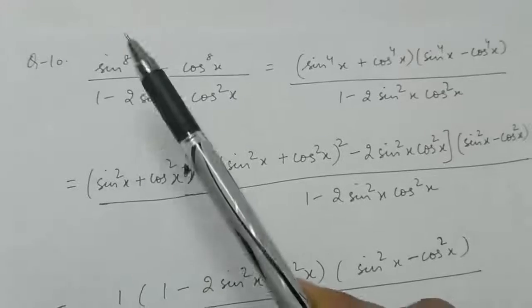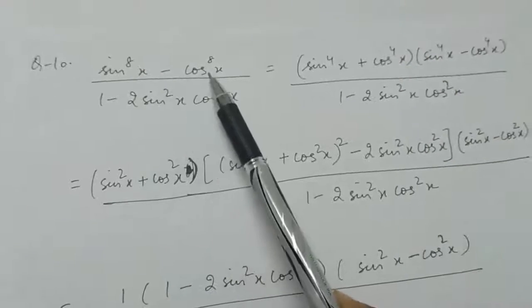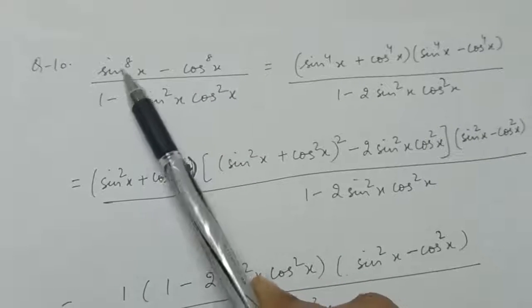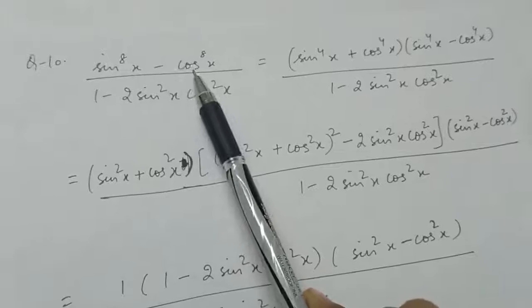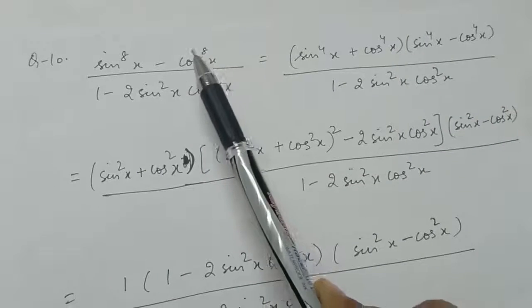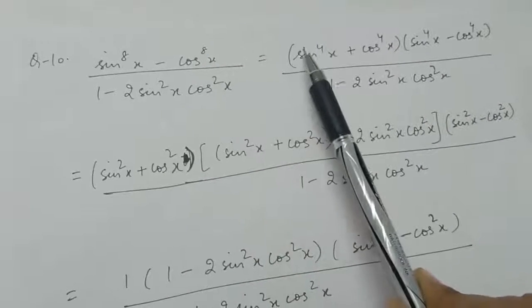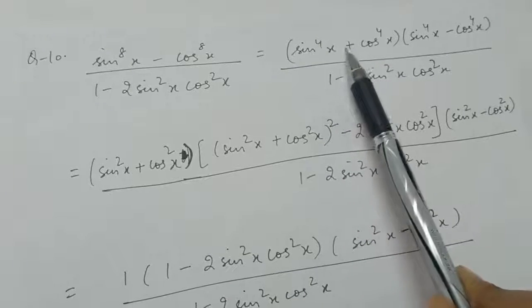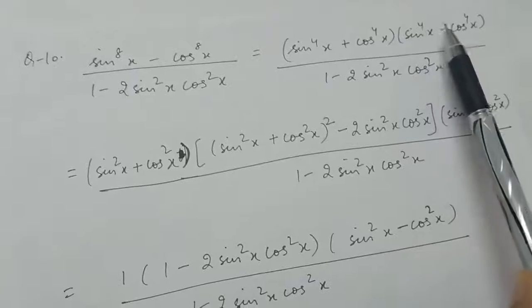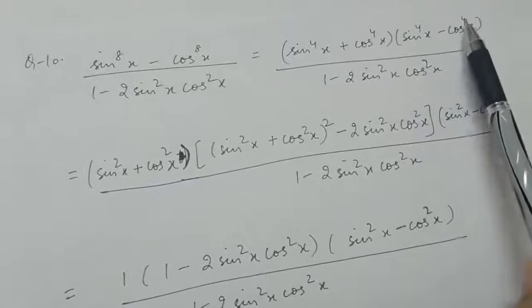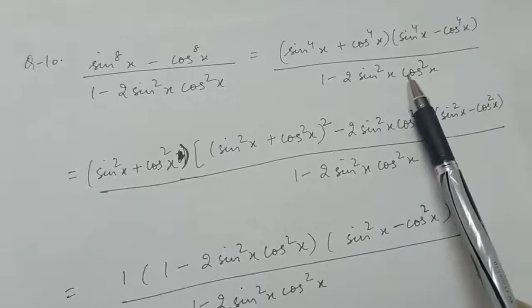So see, this is a square minus b square, where a will be sin x raised to the power 4 and b will be cos x raised to the power 4. So it can be written as sin x raised to the power 4 plus cos x raised to the power 4 into sin x raised to the power 4 minus cos x raised to the power 4, denominator as it is.